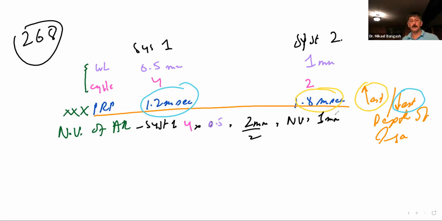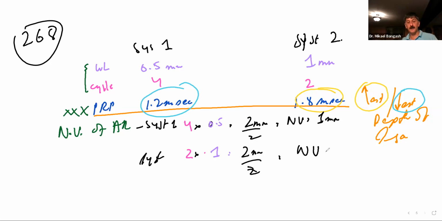Now if you go for system 2, what do we have? We had 2 cycles, and each cycle was 1 millimeter. So our spatial pulse length becomes 2 millimeters, and we just divide that by 2 as well.